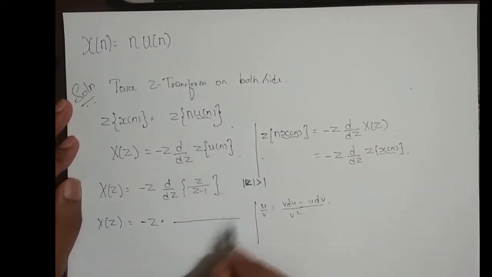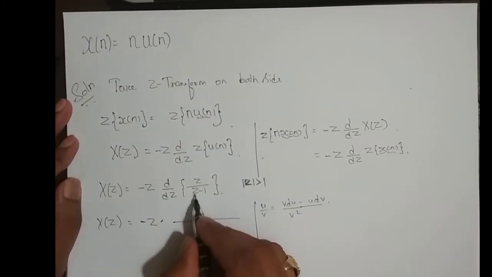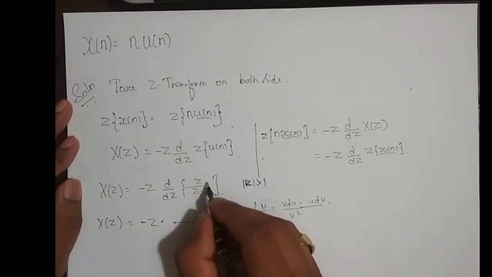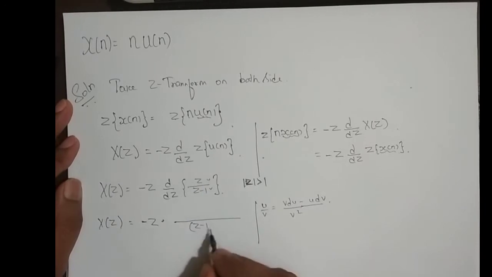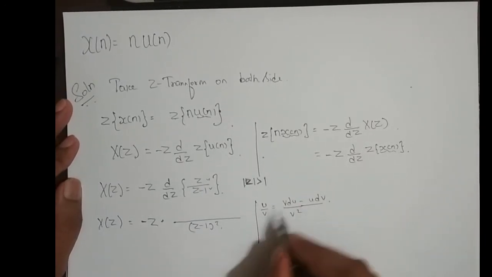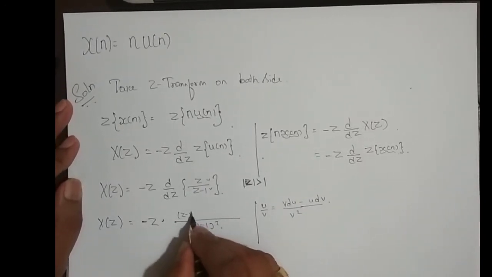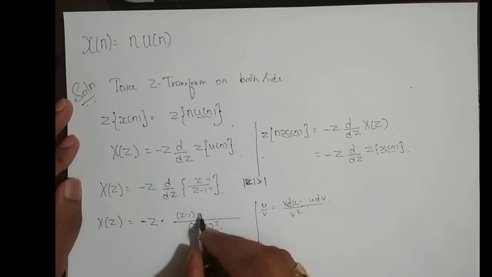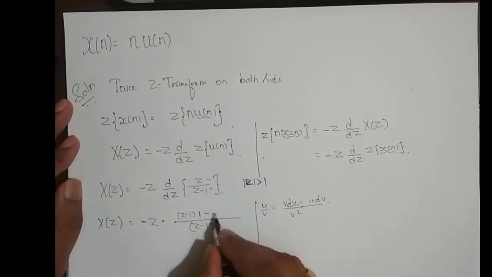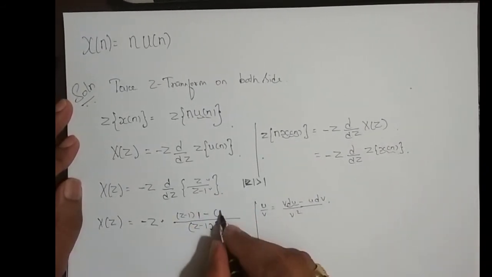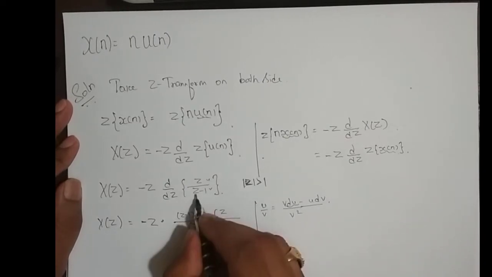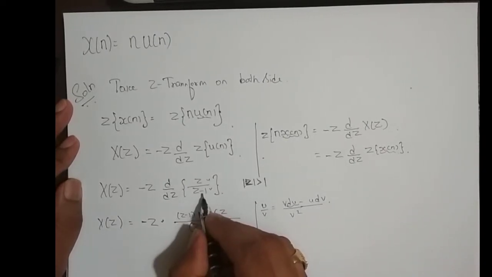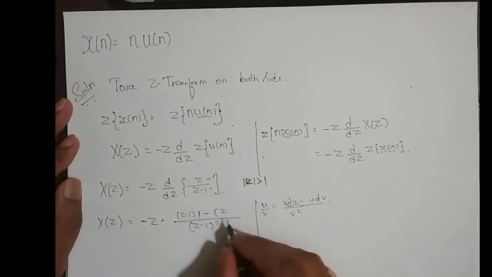Here v is z minus 1, this is u, and the denominator is v whole square. Differentiation of u, what is the differentiation of z with respect to z? It is 1, right? Minus u is z, differentiation of v, what is the differentiation of z minus 1 with respect to z? It is 1 minus 0, which is 1, right?